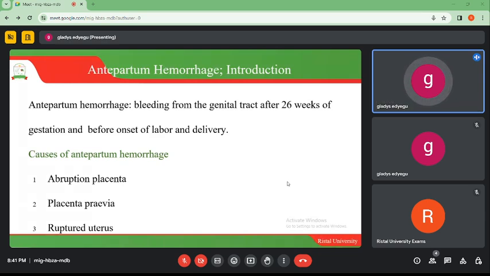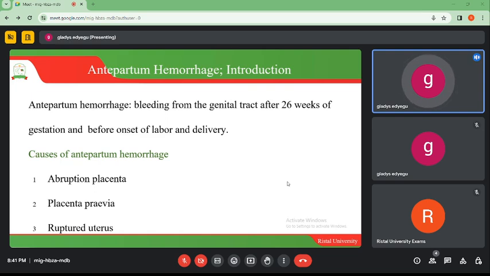But right now, according to the reviewed guidelines in maternal newborn health, we are considering after 26 weeks of gestation. And the reason is because we have the technology, we have developed our skills on how to manage preterm babies. And for that case, the cutoff point for antepartum hemorrhage is at 26 weeks of gestation.